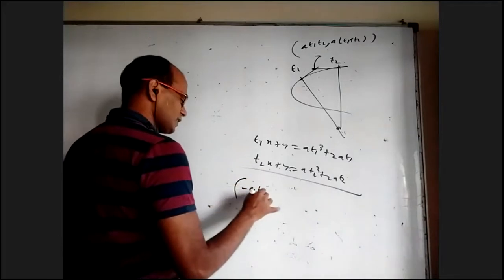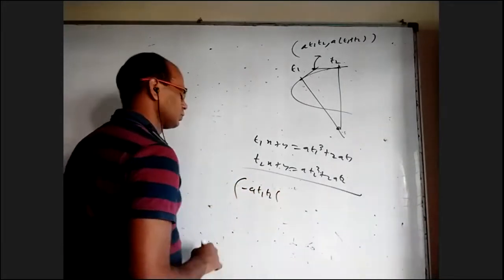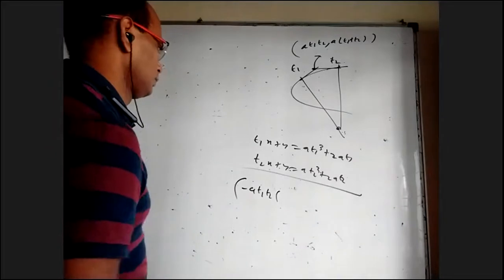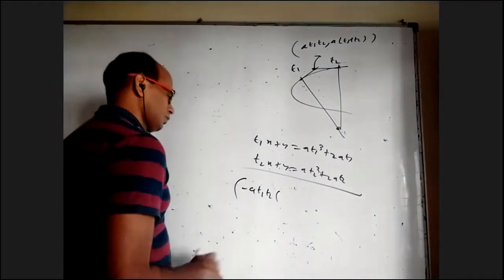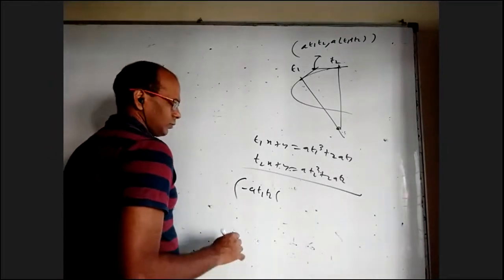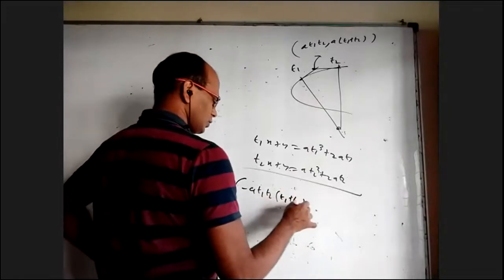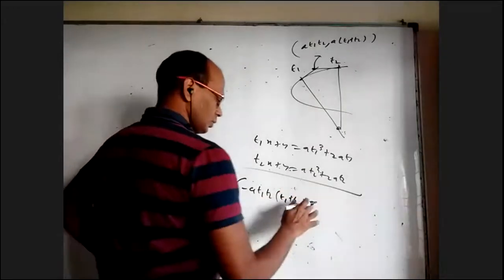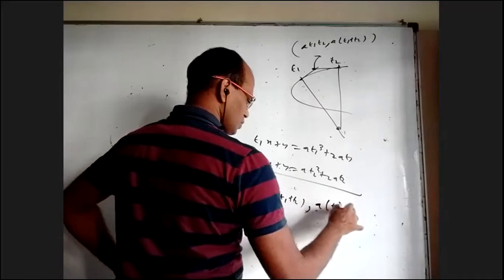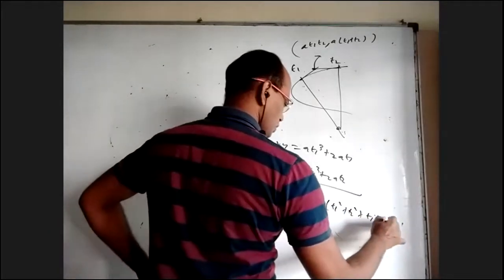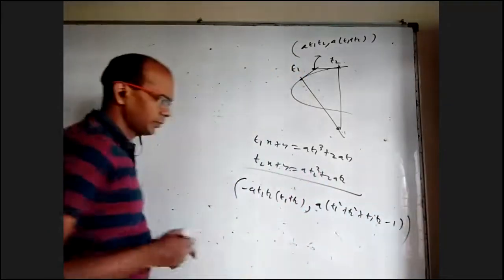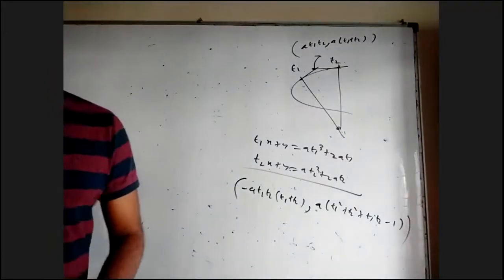This will come minus A T1 T2, T1 plus T2, and A into T1 square plus T2 square plus T1 T2 minus 1. Something like this will come.